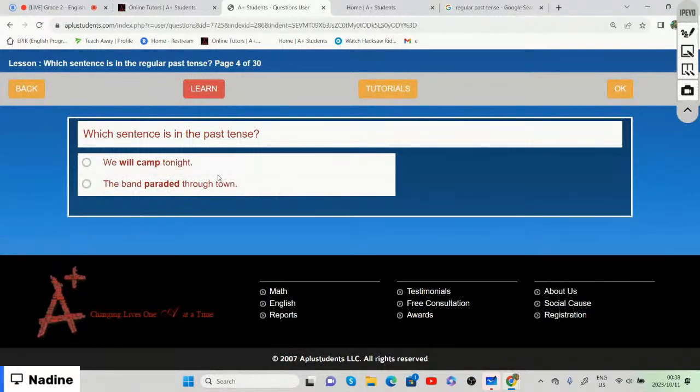If we choose the sentence with the past tense, it is the second one, the band paraded through town, which means that we basically just added an ed to that word.